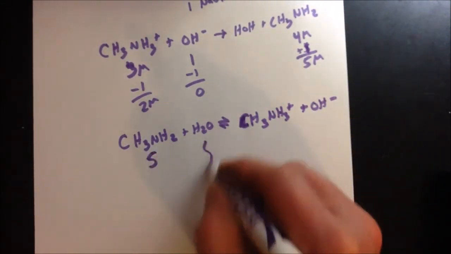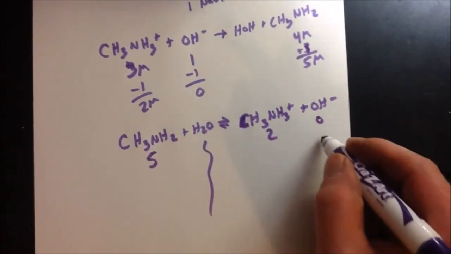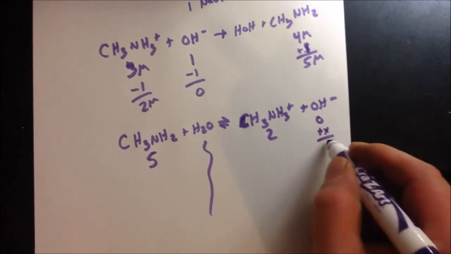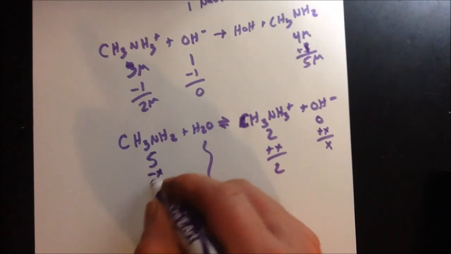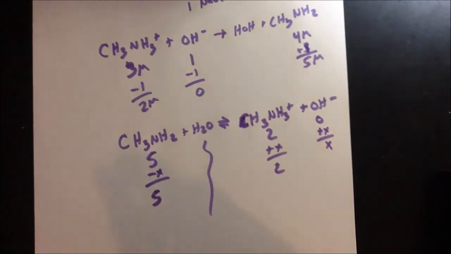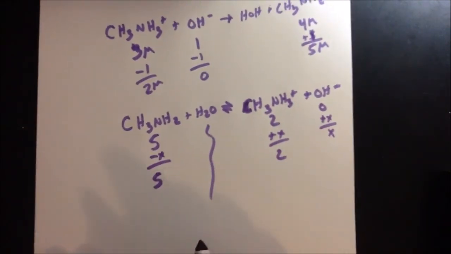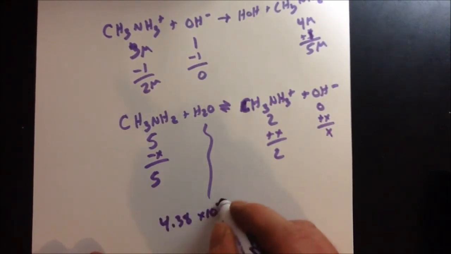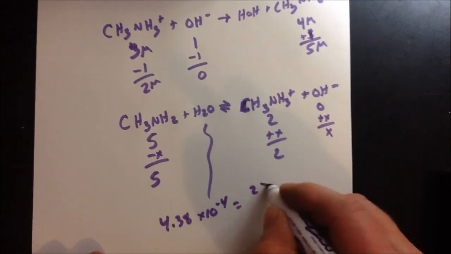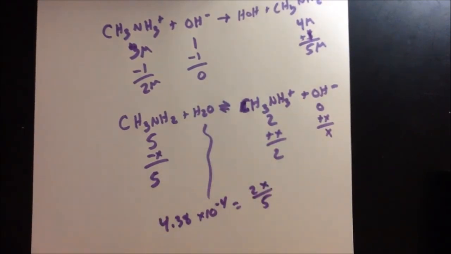I got 5 molar here, 2 molar here, none, up by x to be x, up by x to be 2 plus x, close enough to 2, down by x, 5 minus x, close enough to 5. And now I'm ready for the Kb value, 4.38 times 10 to the negative 4 equals 2 times x over 5. And ready to solve.